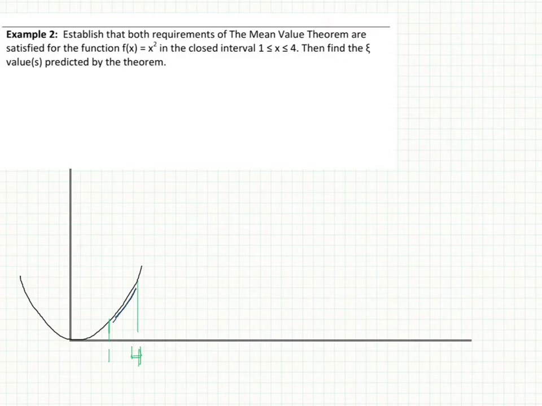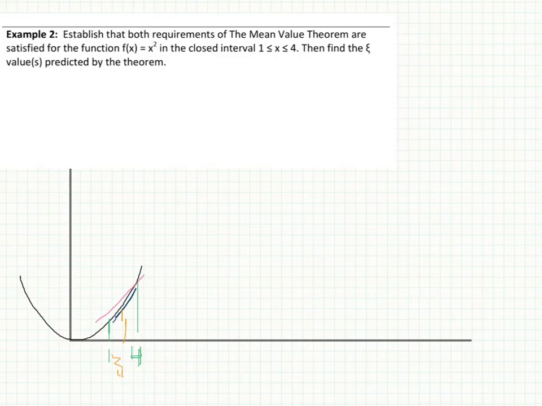And we've got this magic c value somewhere in between. And let's say that that's somewhere in the middle here. Okay, so here's my c. And the slope of that tangent, well, let's draw out a tangent at that particular value. Well, that tangent should be parallel to that one.